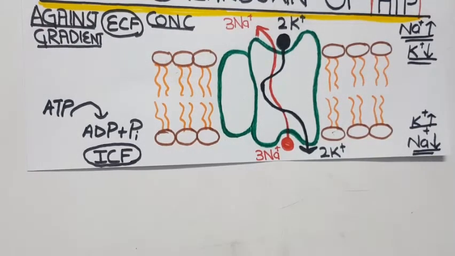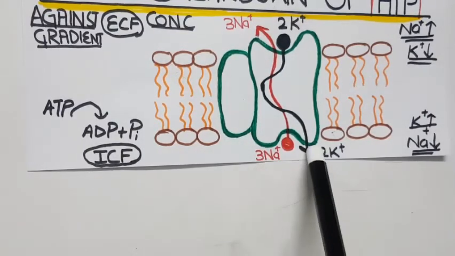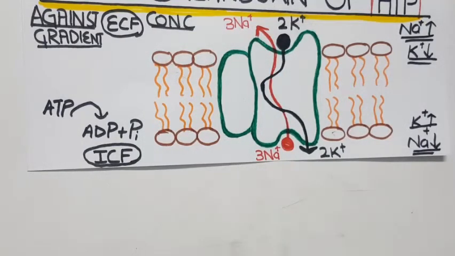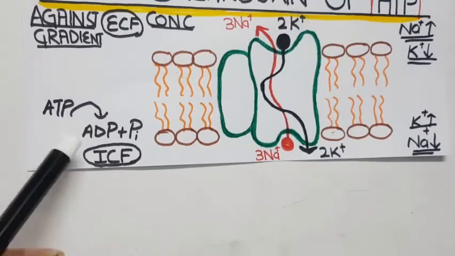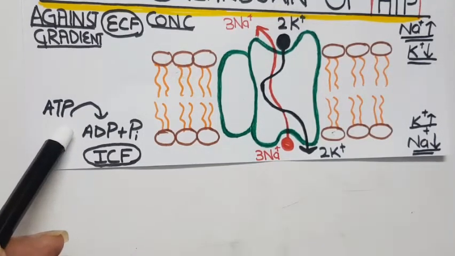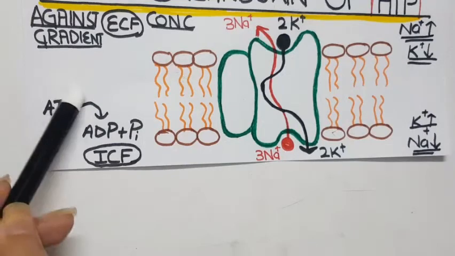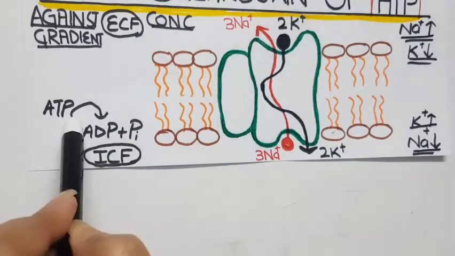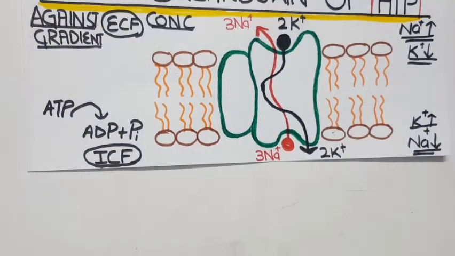During this process of moving sodium and potassium ions against their concentration gradients, energy is obtained from the breakdown of ATP. So this diagram summarizes the whole function of the sodium potassium pump.